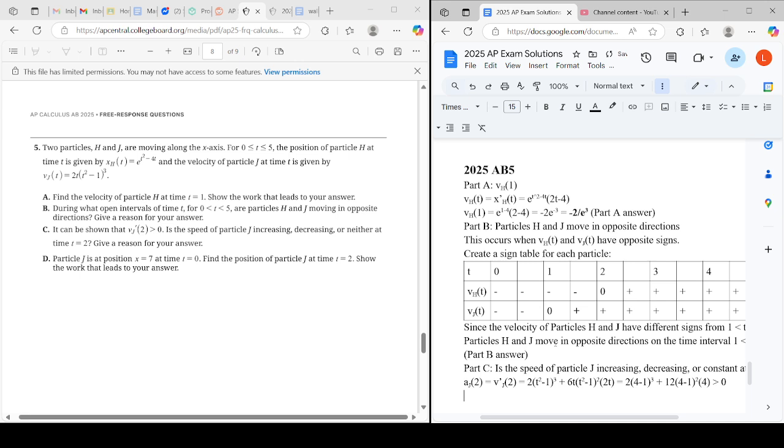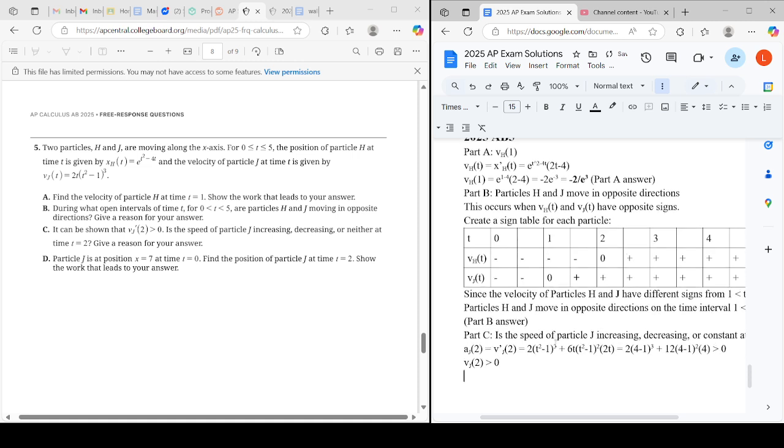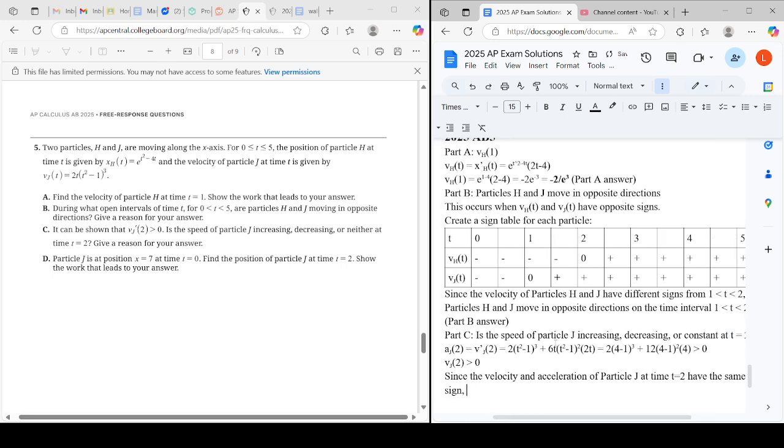And we saw in part B already that the velocity is positive. So since the velocity and acceleration of particle J at time t equals 2 have the same sign, the speed of particle J is increasing at t equals 2. This is our solution to part C.